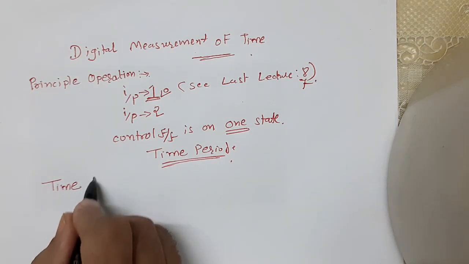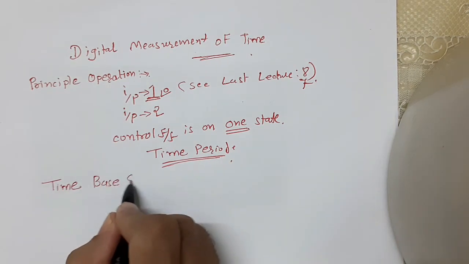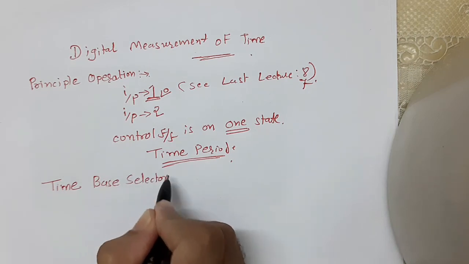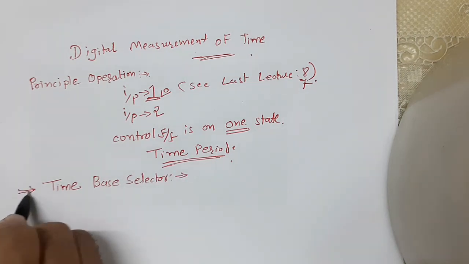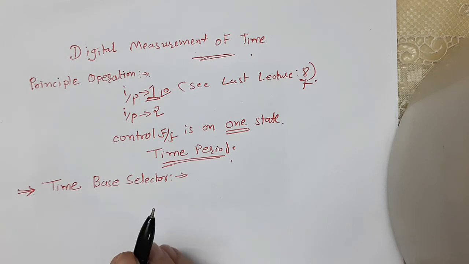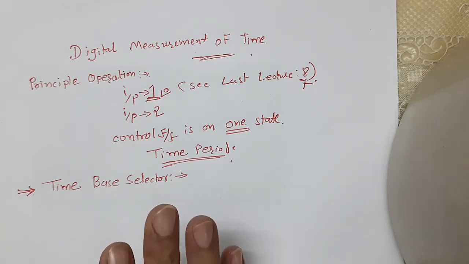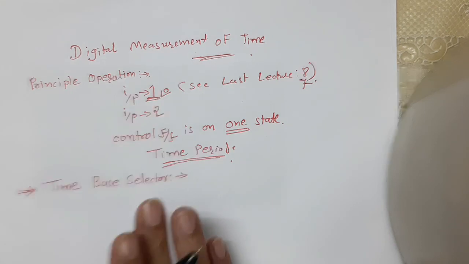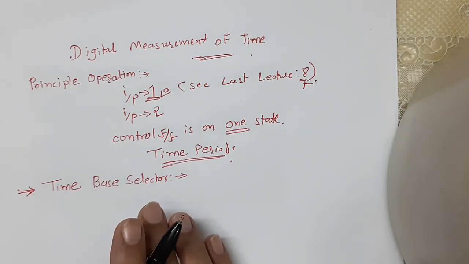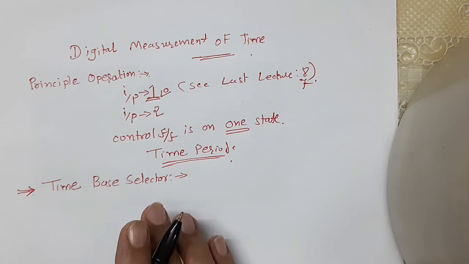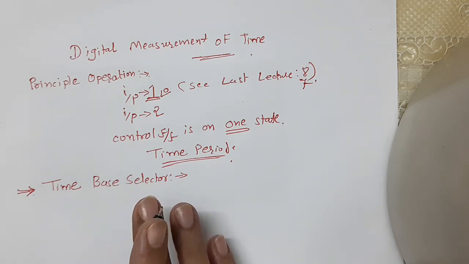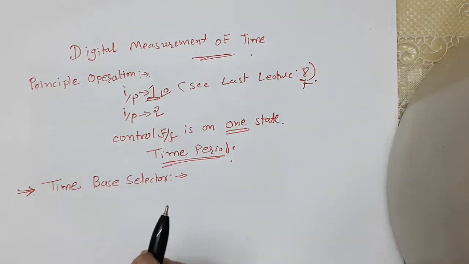Time base selector. It is clear that in order to know the value of the frequency of the input signal, the time interval between the start and stop of the gate must be accurately known. This is called the time base.